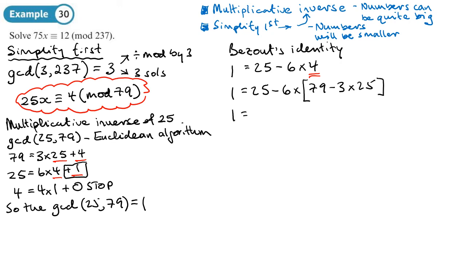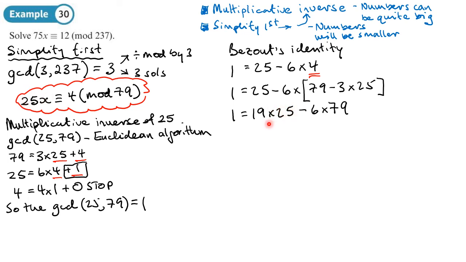If I group them together, what do I have? Well, here I've got positive 18 lots of 25 plus another 25. So I've got 19 lots of 25 minus 6 lots of 79. Now, to help you remember which number you're looking for, we want the multiplicative inverse of 25.